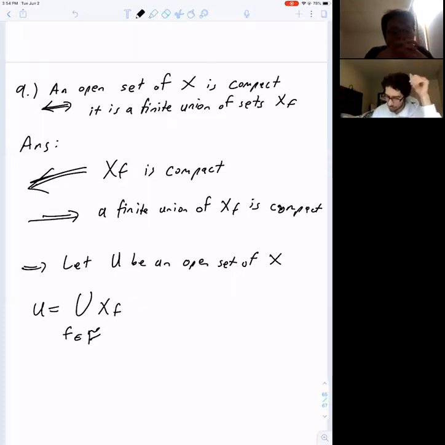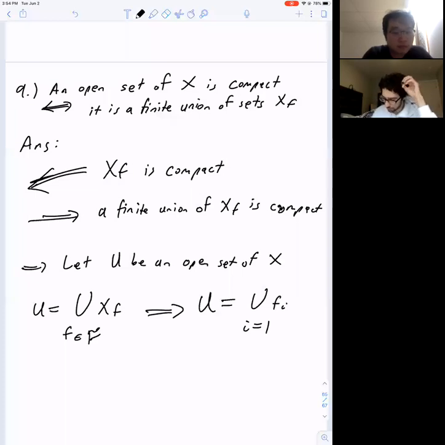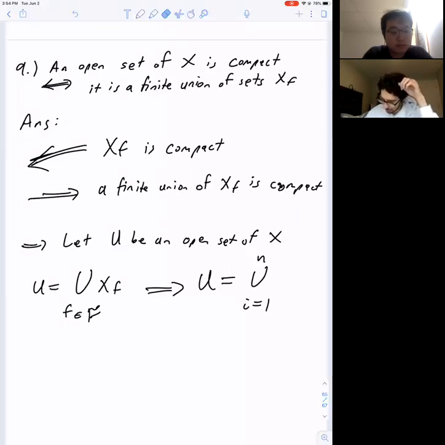And so because U is compact, there must be some finite subcollection that contains U, and so we are done. Therefore, there is in fact a finite subcollection X_{F_i} whose union equals U.